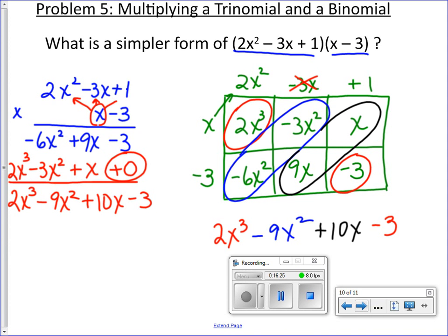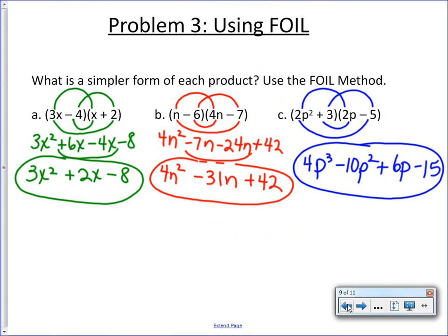For instance, if I go back to this problem C here, I have a 2p squared and a plus 3, but I don't have a p term in here, and that's gone. And so if I were to use a table method for this one, you'll notice nothing combined in our answer to begin with. So be very careful if you use a table method to make sure that you are combining like terms.